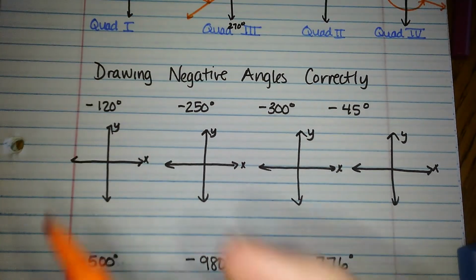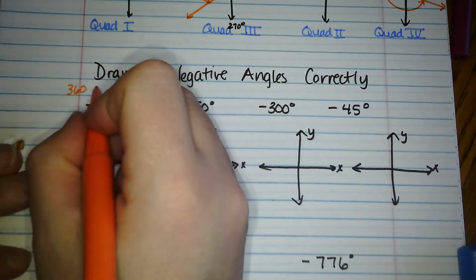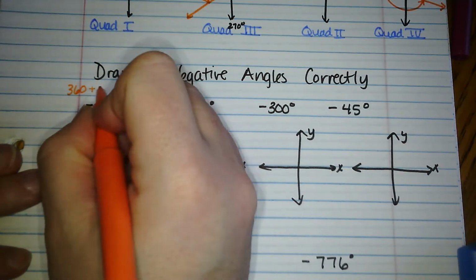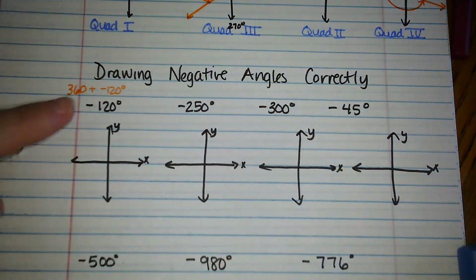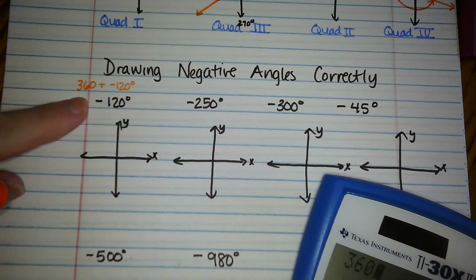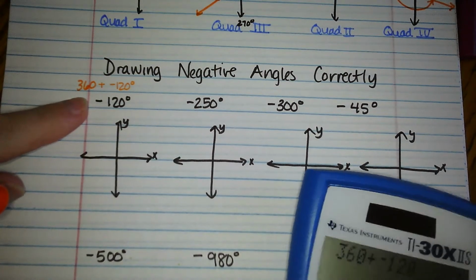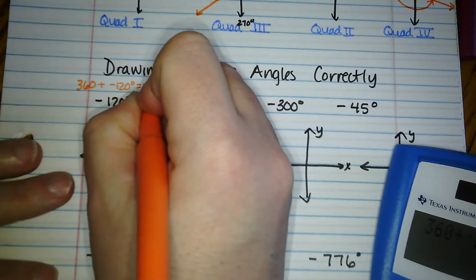So to do that, you basically just take 360 and add it to your negative 120 to get your positive degrees. So if I take 360 and add it to our negative 120, I will get 240 degrees.